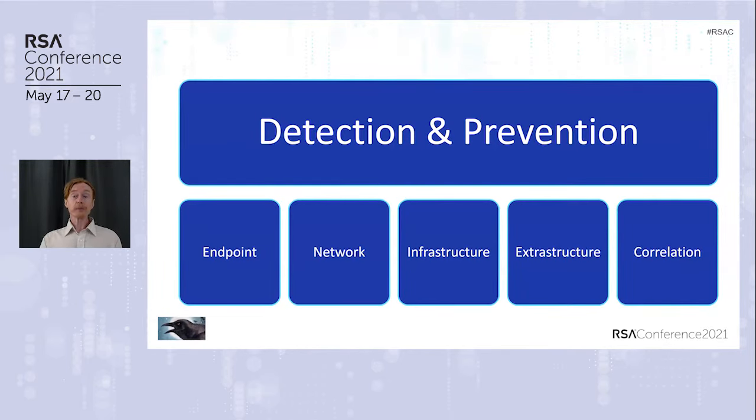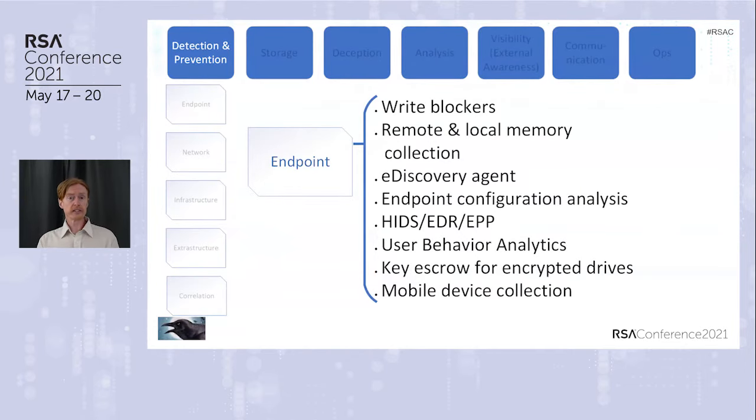The detection and protection tools are organized in this taxonomy in terms of what it protects or detects on. And so the first category of this is the endpoint. If you're doing forensics, you would need ways to be able to extract information from those hosts that you're responsible for protecting.